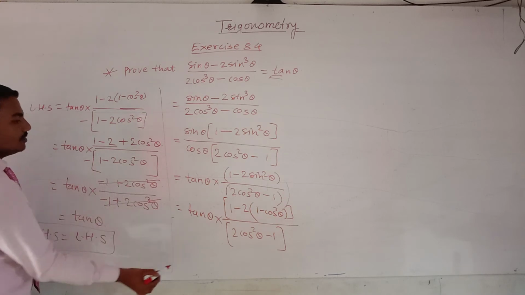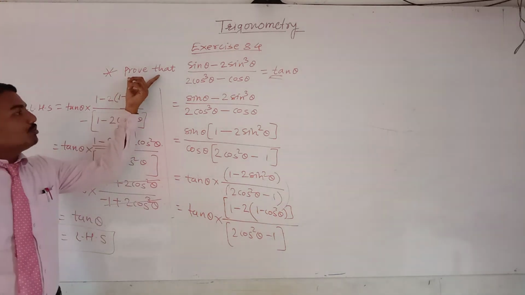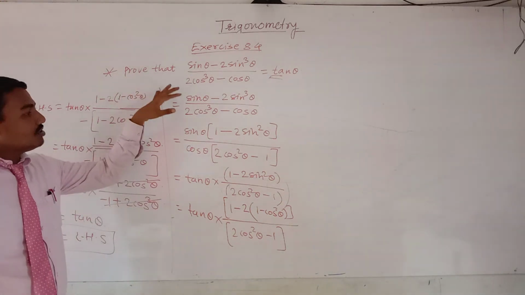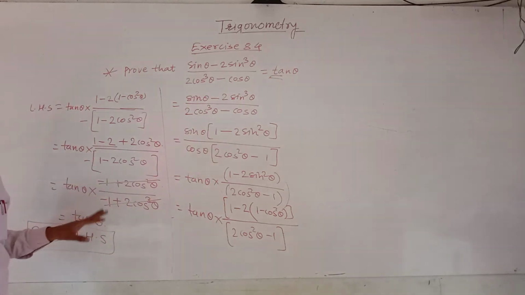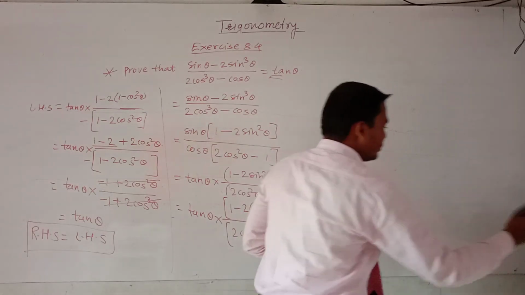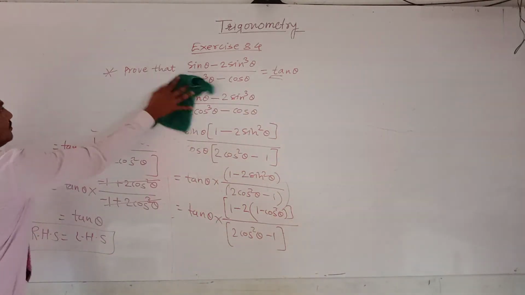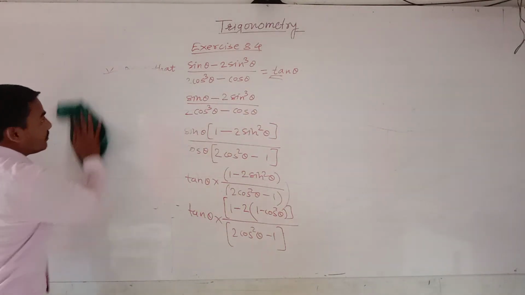Okay. So such type of proof that show that numericals are asked based on the trigonometric identities. Understood? Now next numerical we have to see from your exercise 8.4.